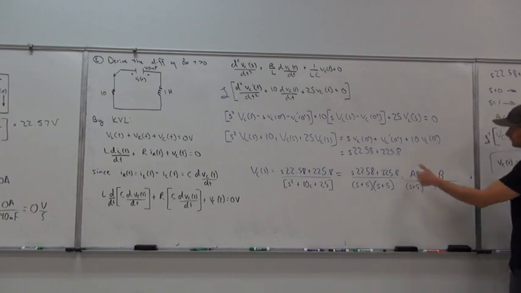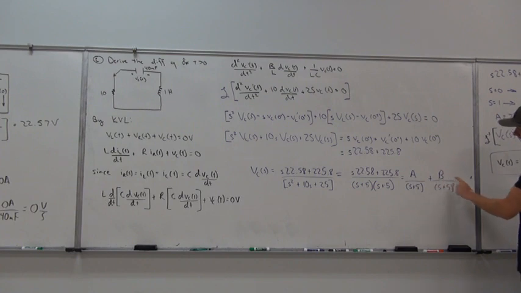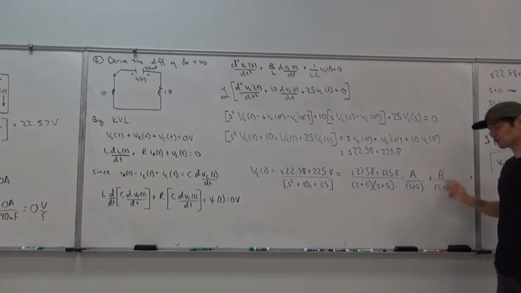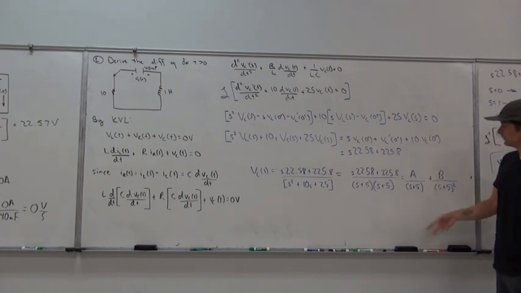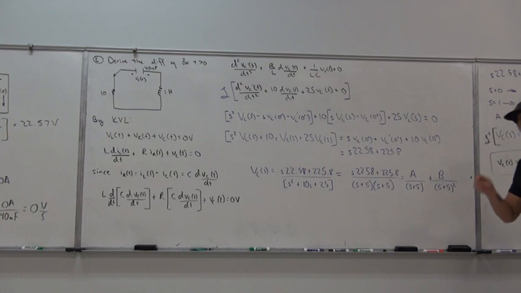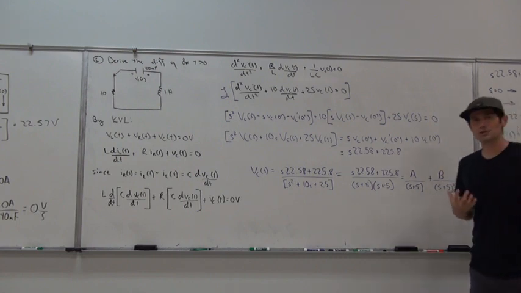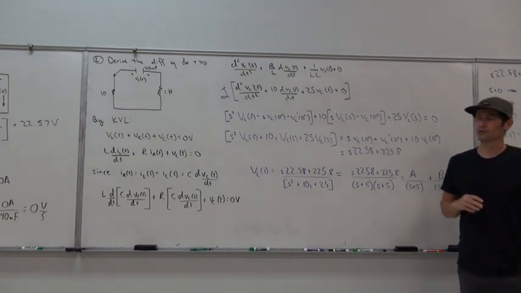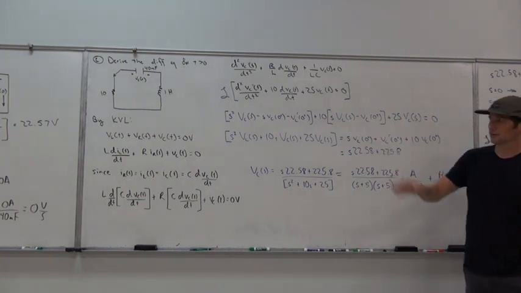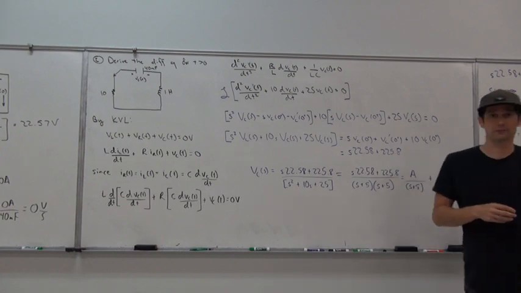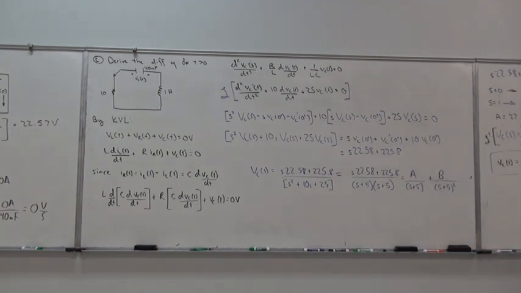Simple terms by partial fraction expansion is A over s plus 5 plus B over s plus 5 squared. And when we take the inverse Laplace transform of both of these, it's going to be A times e to the negative 5t plus B times t times e to the negative 5t. So basically we're going to have only a transient portion of the exponential form for the solution of this type of system. Let's finish this thing up.